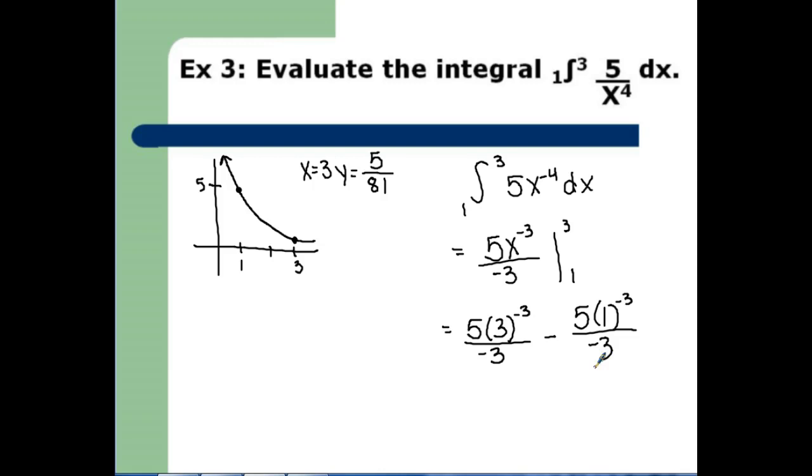Again, this is probably where it's easier to drop down your values. You'd have 3 to the negative 3, which is like 27, but 27 times negative 3 would give you 81. It's going to remain negative. And then over here, you have minus a minus, so it becomes positive.